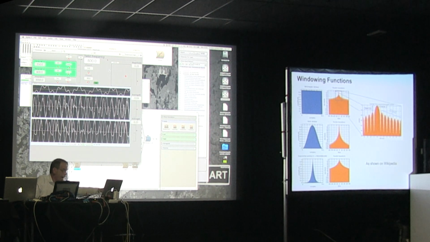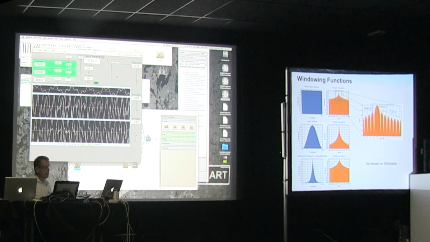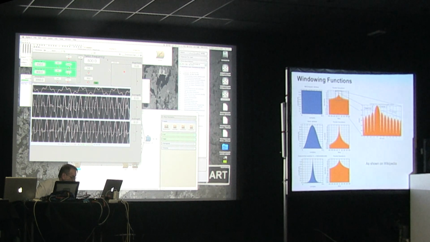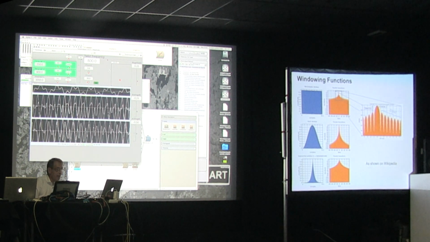If we look at the hand window, the one in the middle, we've still got the side lobes, but they have been brought down vastly in comparison to the frequency we're trying to get. So that will improve things quite a lot. There's another one here, an exponential window. The exponential window doesn't have any side lobes; it's quite a smooth decay either side.